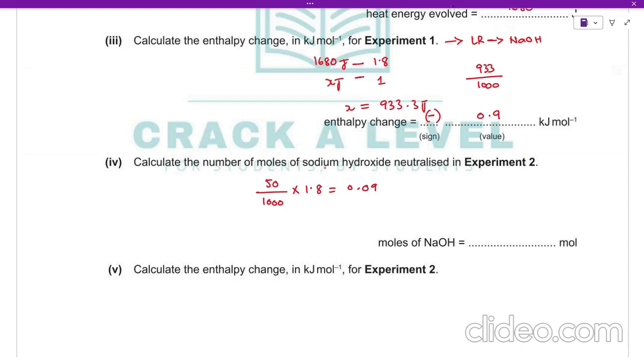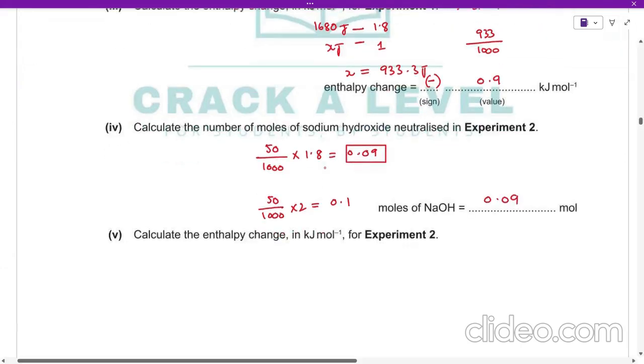Let's find for the acid. It will be into 2. So acid will be 50 divided by 1000 into 2. It will become 0.1. So let's write 0.09, because all of this will be used up because it is the limiting reactant.